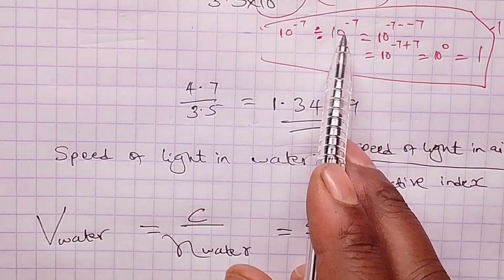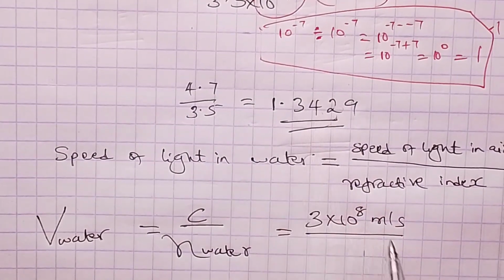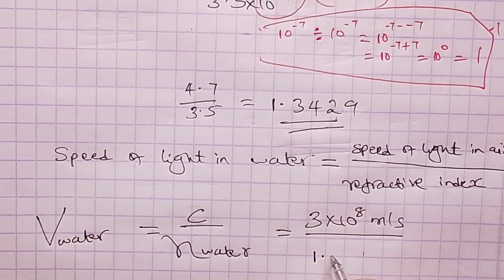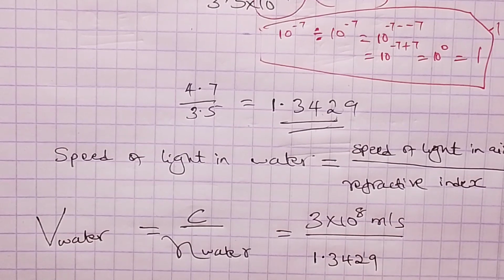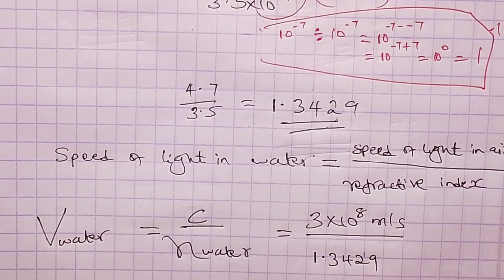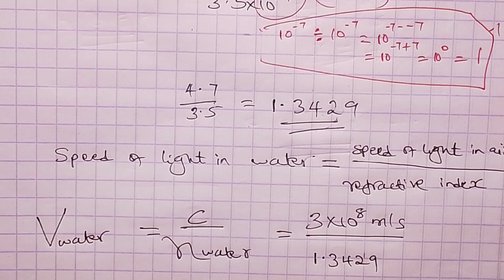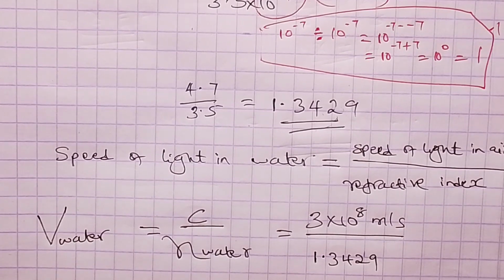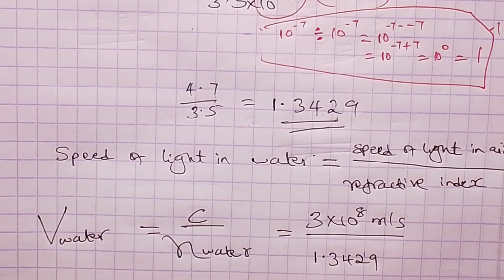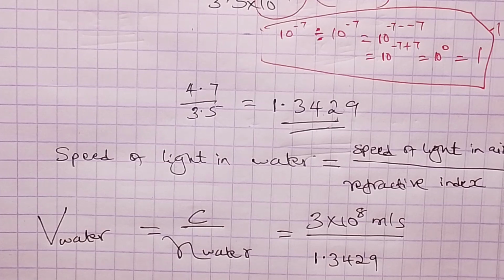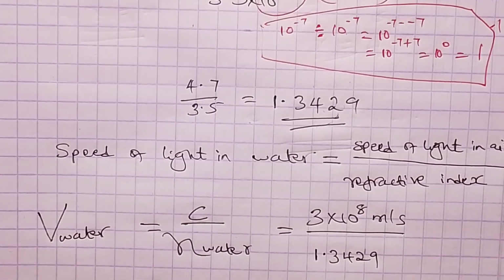Our refractive index is here, 1.3429. So when we divide using the calculator, it will give us 223,397,125.6 meters per second.